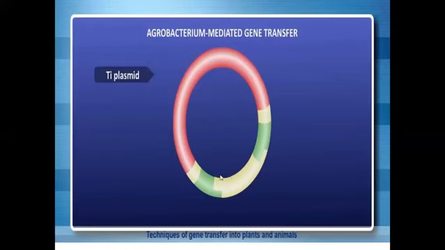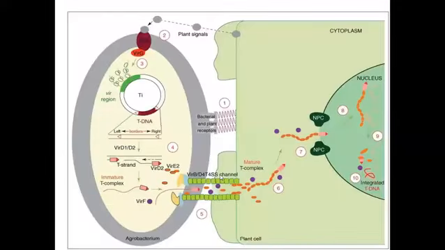Here is the Agrobacterium. The Agrobacterium receives tDNA by the chemical polyethylene glycol. Polyethylene glycol mainly helps in receiving of tDNA, target DNA, by the Agrobacterium.